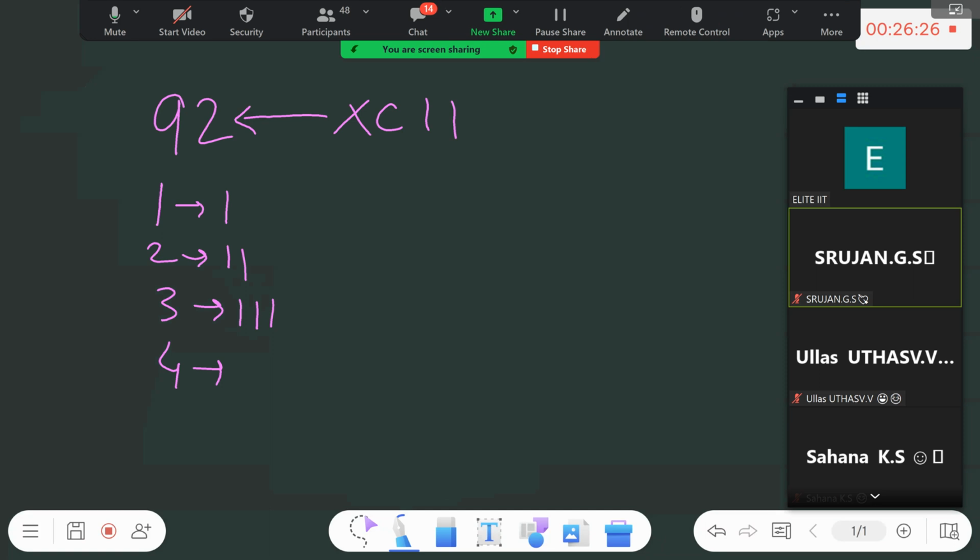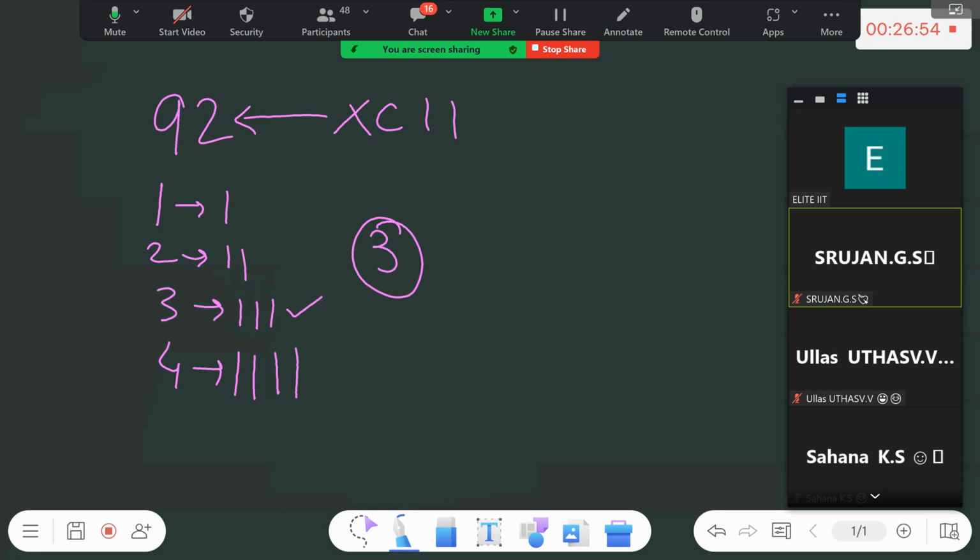Wait, let me first complete. 4 doesn't mean 4 I's. Remember one thing very well. Any Roman numeral you cannot repeat more than 3 times. An important thing, you can never repeat a Roman numeral more than 3 times.